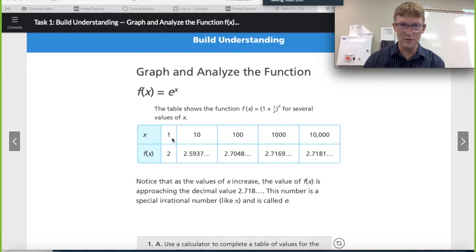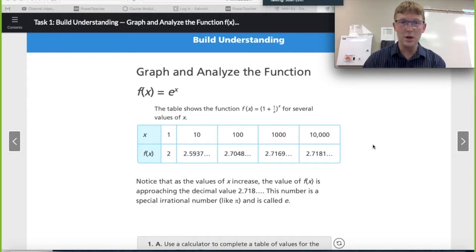We can look at our values of x: 1, 10, 100, 1,000, 10,000, and so on. You'll notice that it starts at x equals 1, f of x equals 2, then 10 gives 2.5, 2.7, 2.7169, 2.7181.